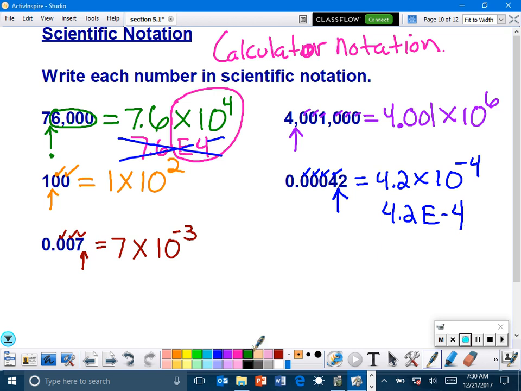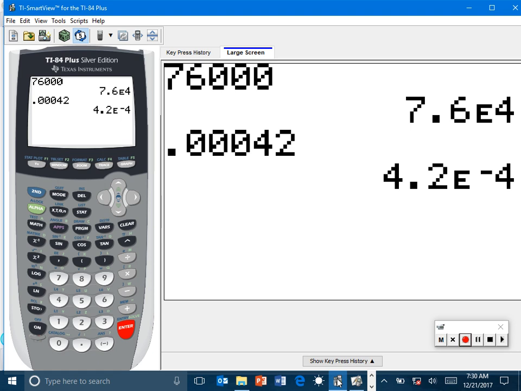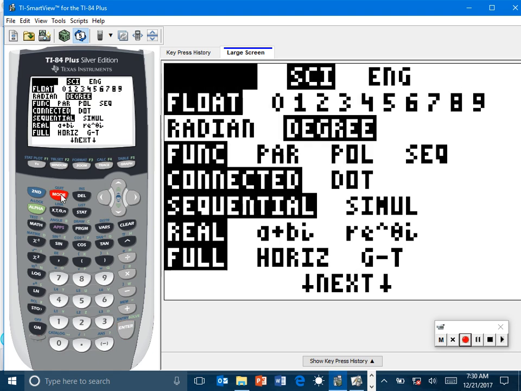Again, that E negative 4 represents times 10 to the negative 4 power. But I don't want you writing it that way. I want you writing it the way it's supposed to be written, times 10 to the negative 4. Now, again, let me point out, if you change it, please make sure you go back to your mode and change it back to normal.